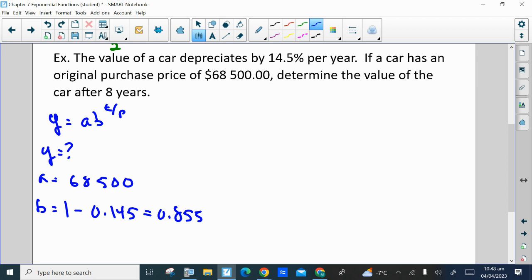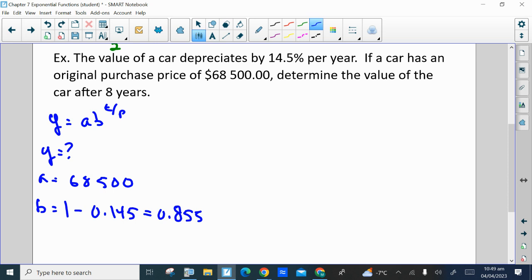You see, your growth rate is always what percentage is going to be there. Not what's being taken off, but what's going to be there. So you have to do that extra calculation.